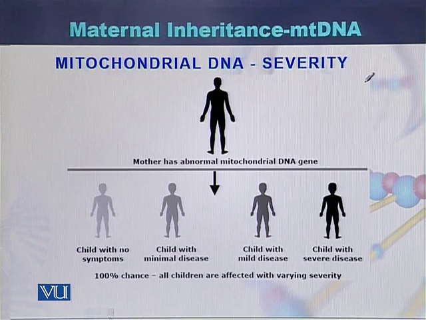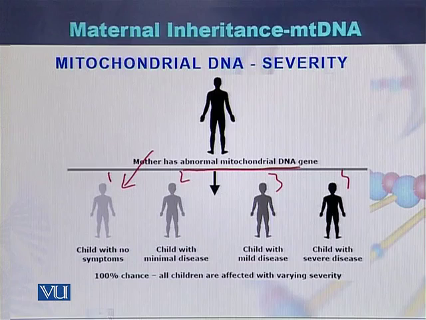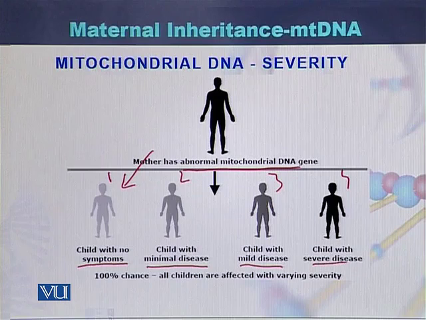Here we can see the difference in severity due to the mitochondria. This mother has an abnormal mitochondria. There is a mutation on the mitochondria, and she has 4 children: children 1, 2, 3 and 4. If we compare them, there is a child with no symptoms, a child with minimum disease, a child with mild disease, and a child with severe disease.